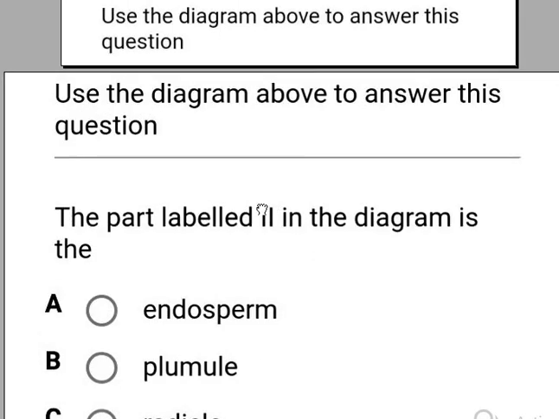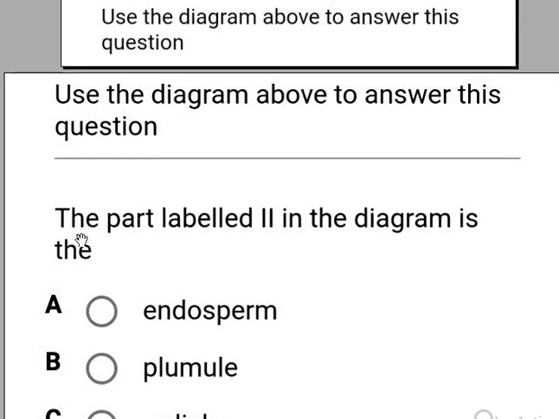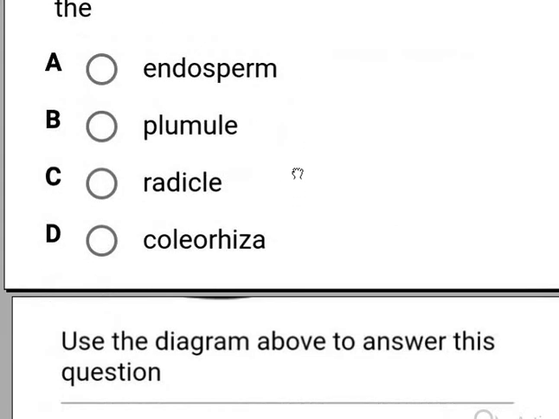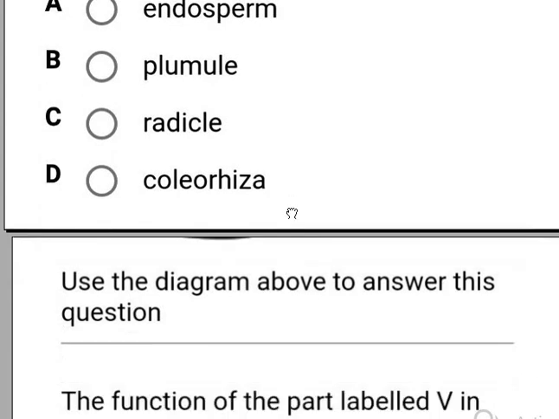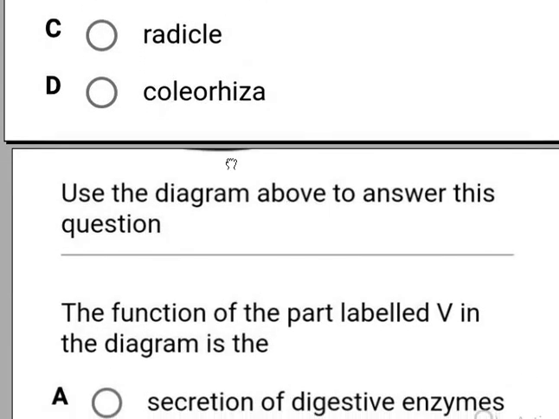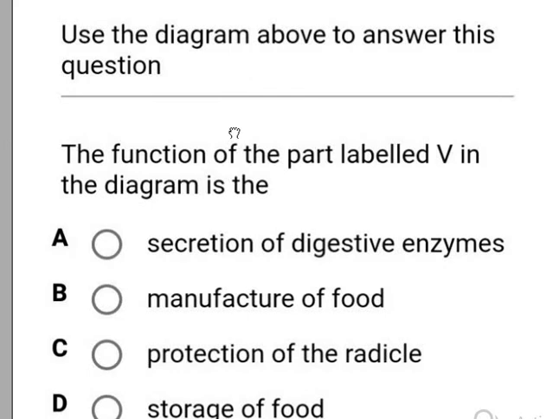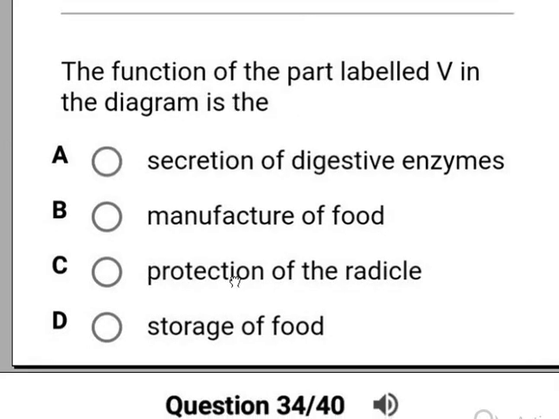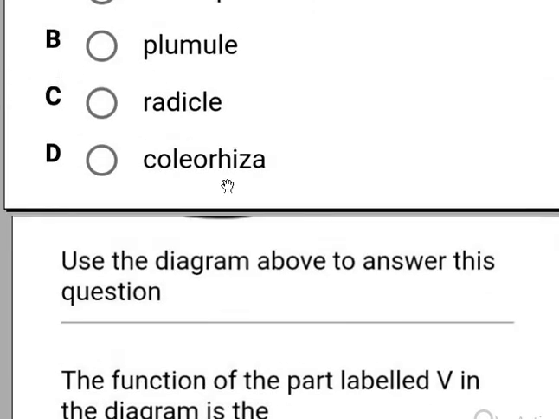Sorry for skipping the previous question, which is the part labeled Roman 2. We solved this, which is endosperm. So the next question is also a diagram. Let me find the question that we skipped. Okay, what we skipped is here.